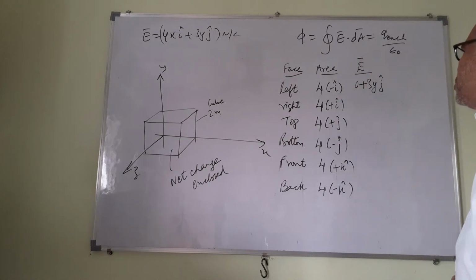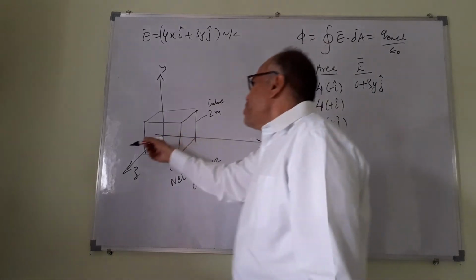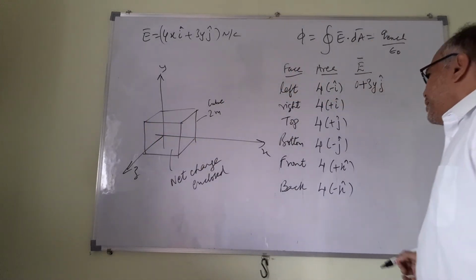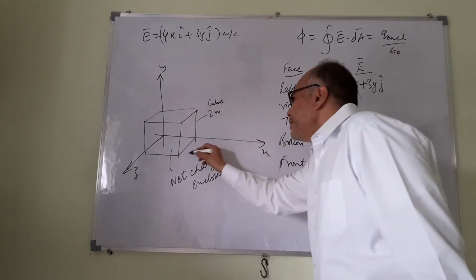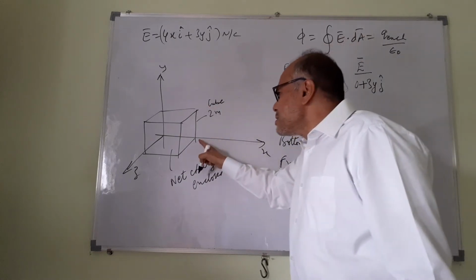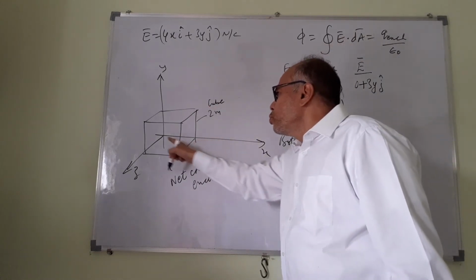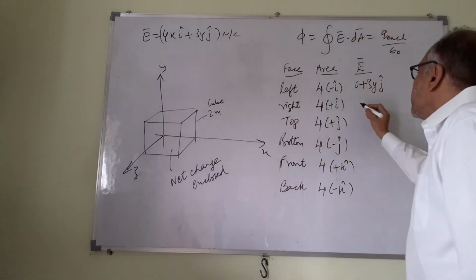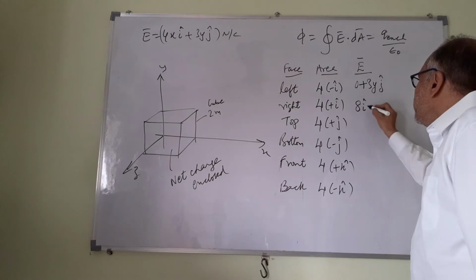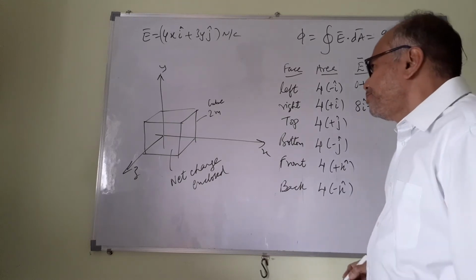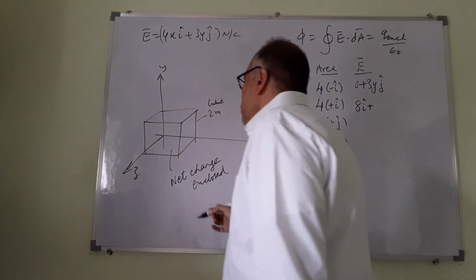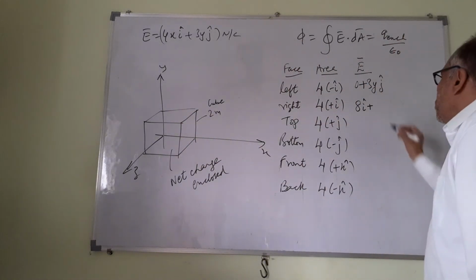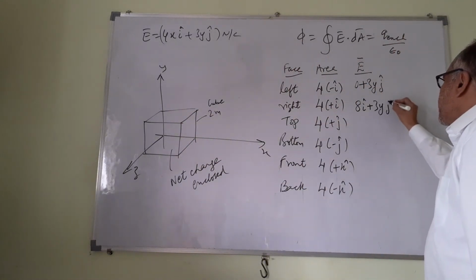Y keeps changing from point to point, therefore we will retain that y as it is. For the right hand face, the x coordinate is 2. So 2 fours are 8, and it will be 8i plus 3yj, as the y coordinate keeps changing here also.